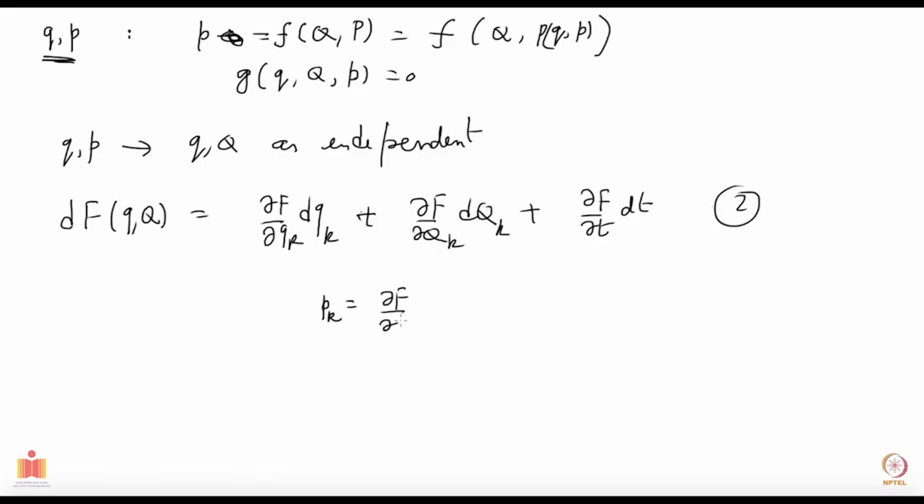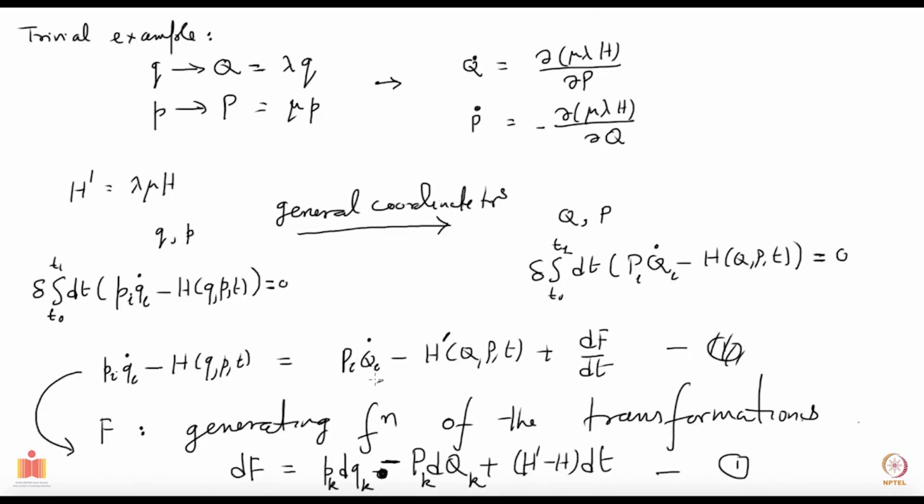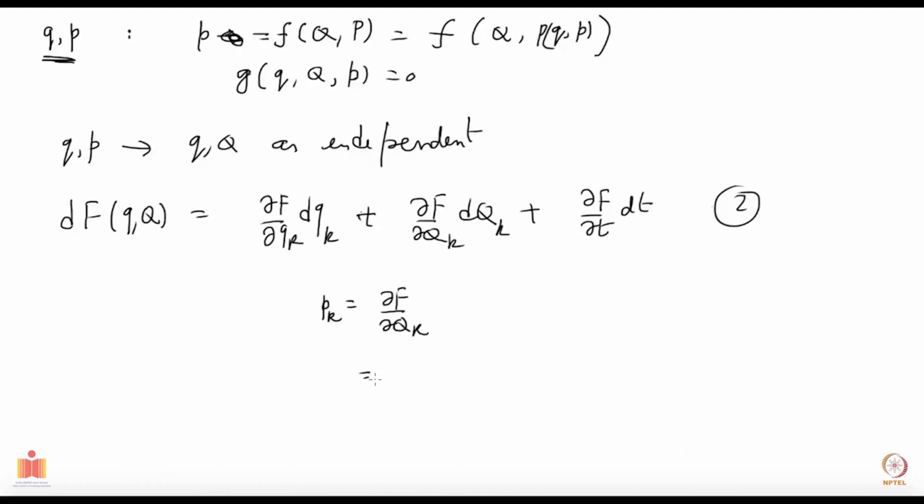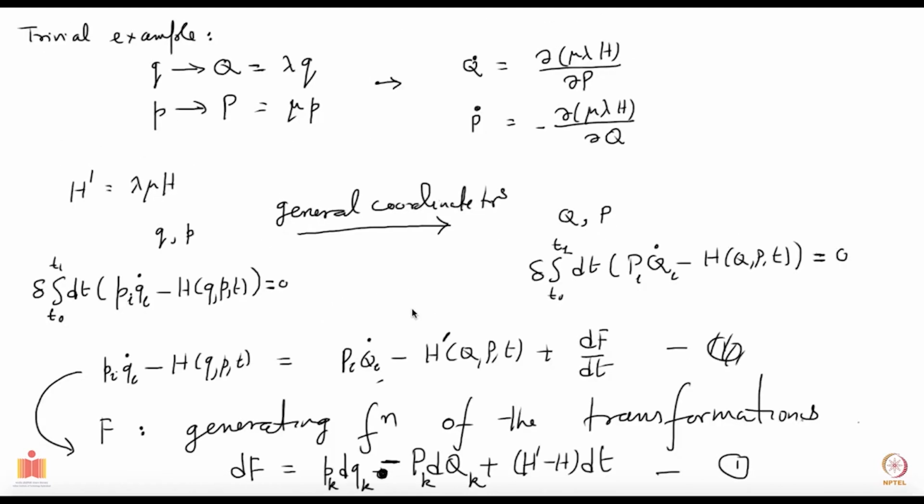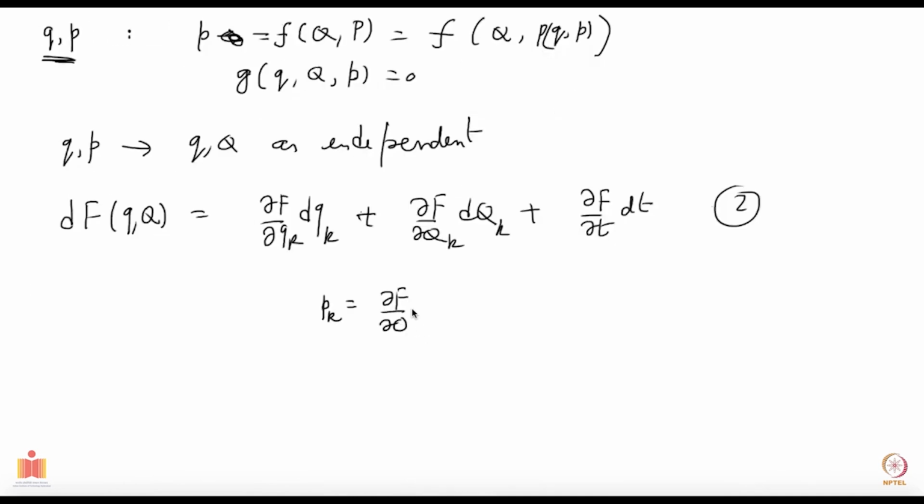And del f over del capital Qk would be minus capital Pk, which we saw to be minus capital P.